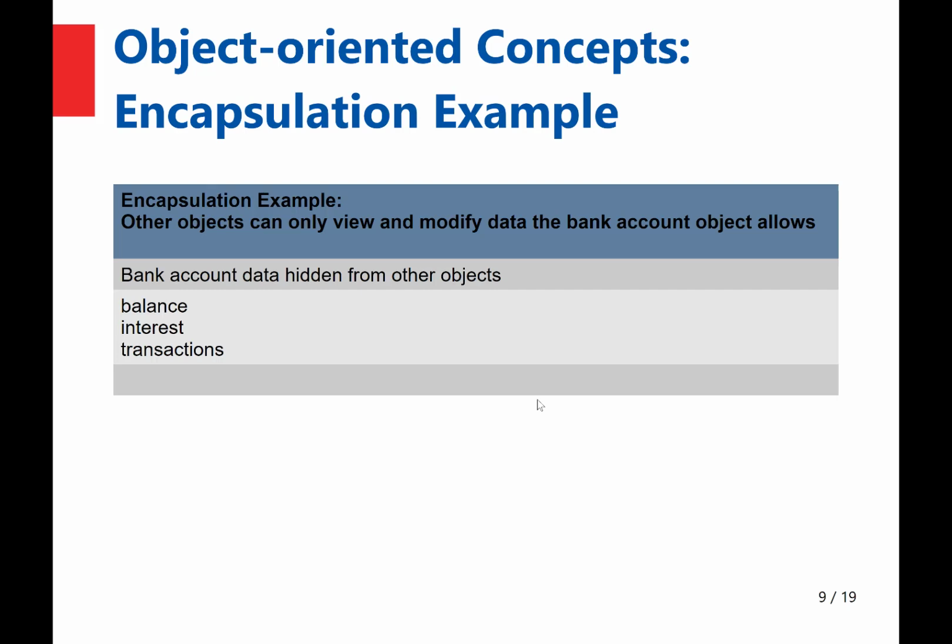So bank account allows other objects to modify the balance via the deposit and the withdraw methods, right? And it probably keeps a transaction array or vector and will expose it when there's a bank account statement printed or when a customer wants to see their transactions, right? So there would be another object that would use the bank account object to get a balance or list transactions.